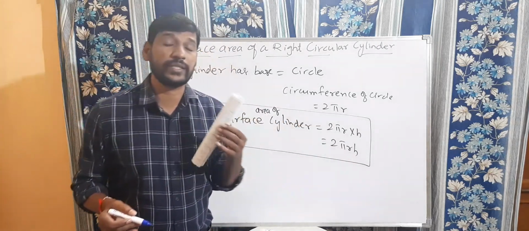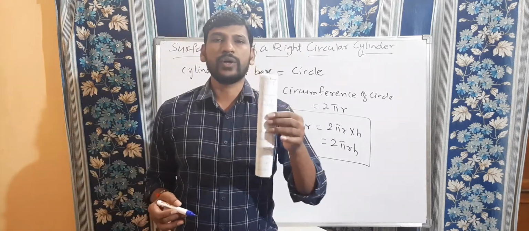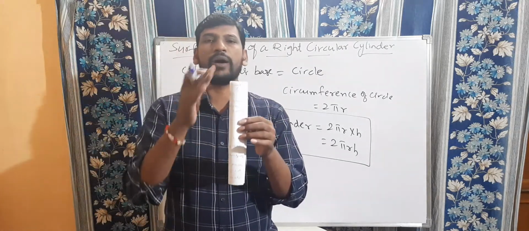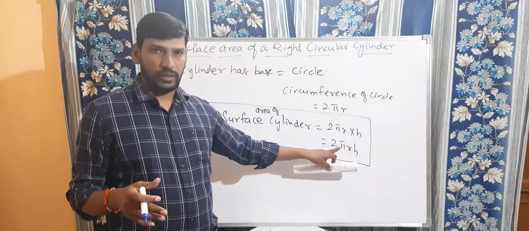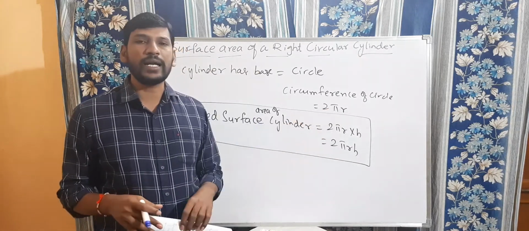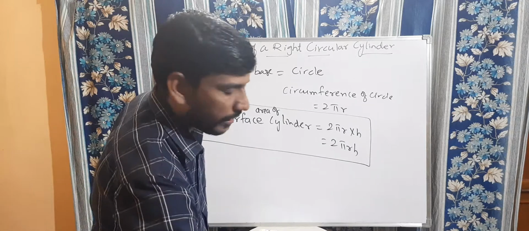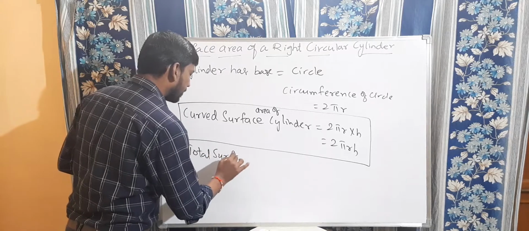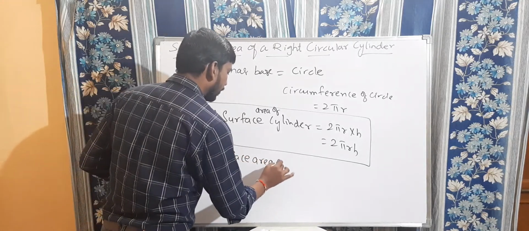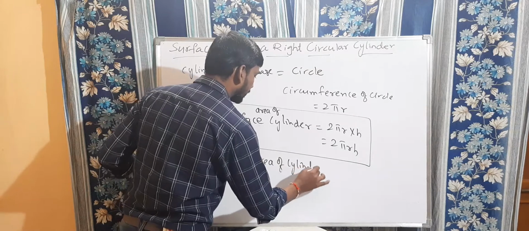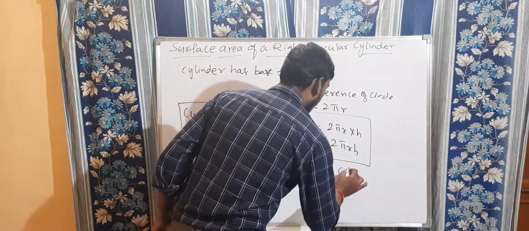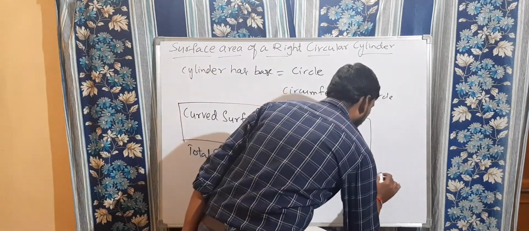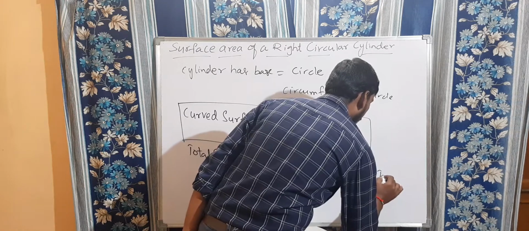Then what is the total surface area of the cylinder? So now we should add both the areas, top and bottom areas, to the curved surface area of the cylinder. It gives the total surface area of the cylinder. Total surface area of cylinder is equal to CSA, that is curved surface area, plus both the areas, that is area of top and bottom.